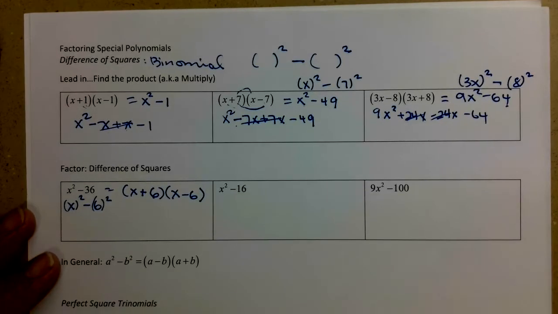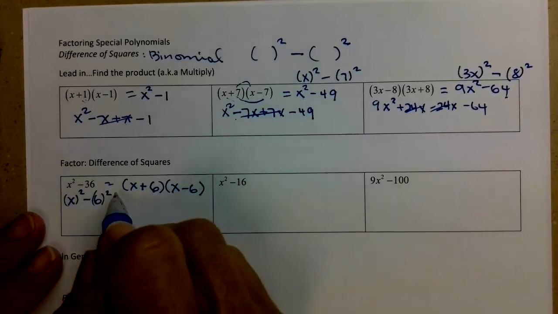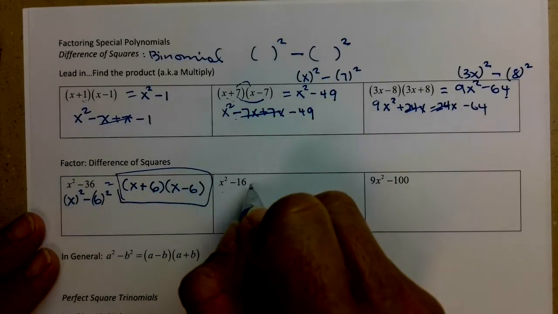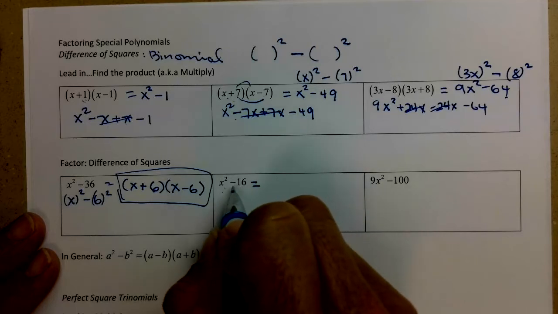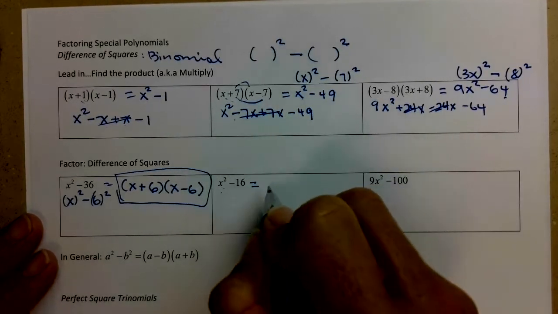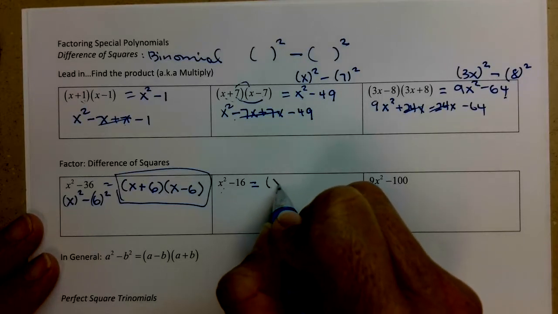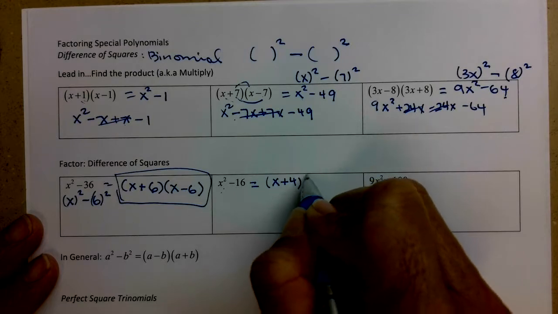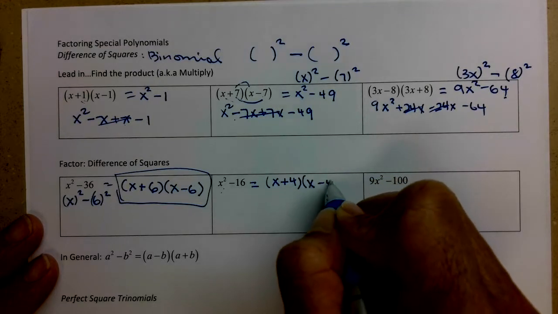And again, you can always check if you multiply. Next, x squared minus 16. Difference of squares. So I have something squared minus something else squared. So that's going to be x plus 4 times x minus 4.